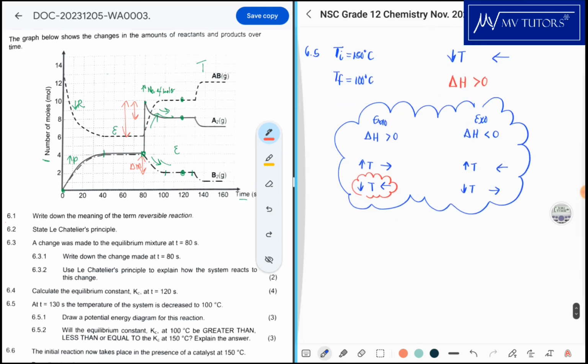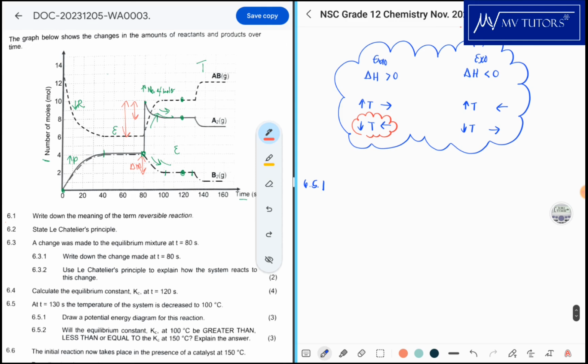So now, 6.5.1, it says, draw a potential energy diagram for this reaction. So basically, if they don't specify, we're just going to go with the forward reaction, right? So the whole thing is endothermic. So we're going to draw a graph for an endothermic scenario.